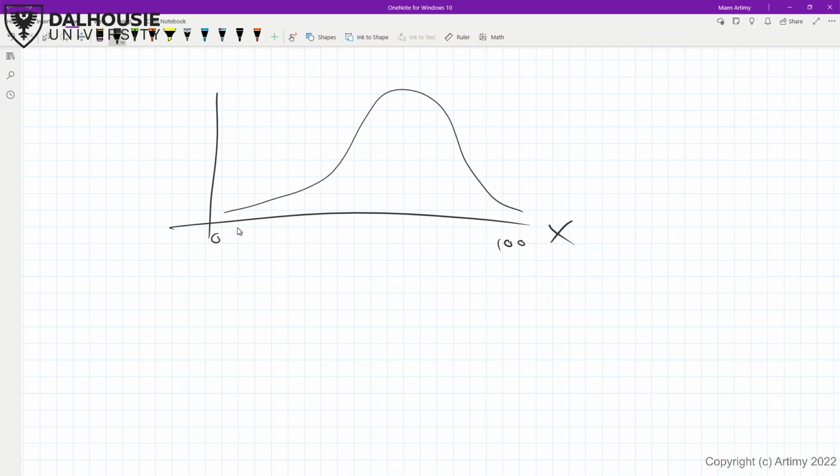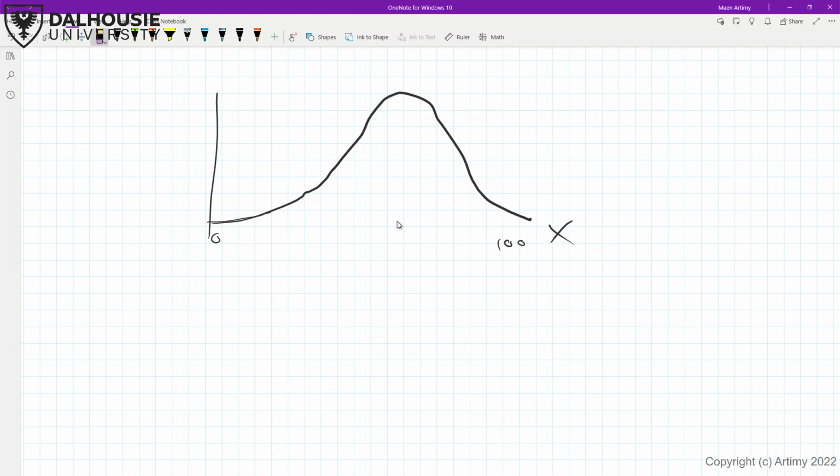Very, very few students or none will get 0. So the probability of getting 0 is not 0, but it's low. Hopefully, in a class, the probability of people getting something like 80 will be high. Maybe not everybody will get 100. So these are the probabilities.